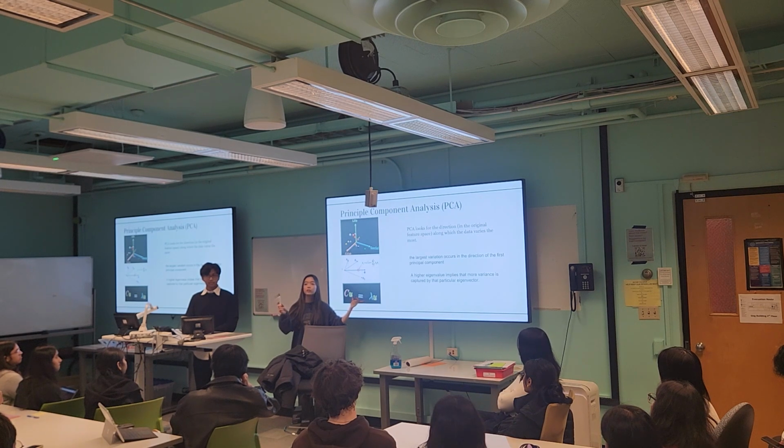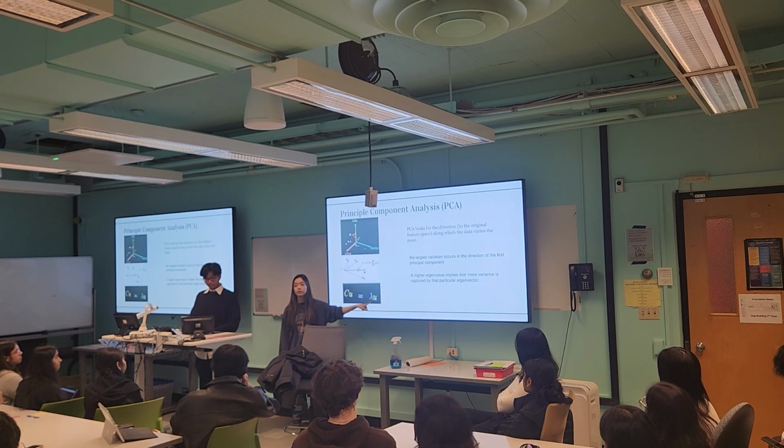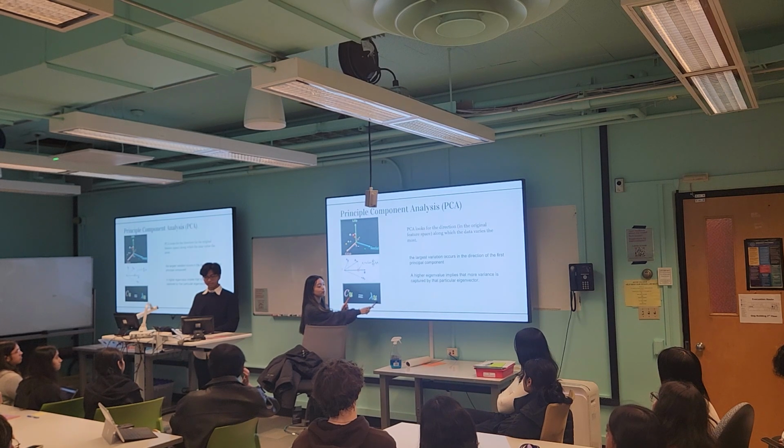So as she just mentioned, the U are called the eigenvectors, and the lambda is called the eigenvalues. It's okay if you haven't heard about those terms before, but just keep in mind that they represent the principal components being generated, and the value that tells you how important the component is.